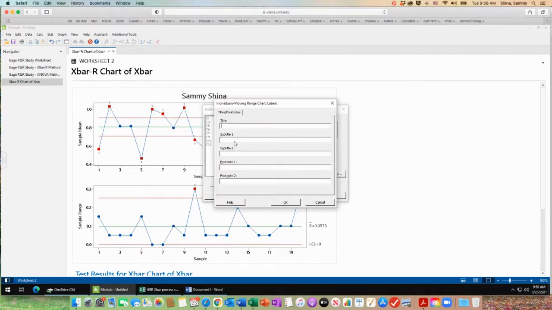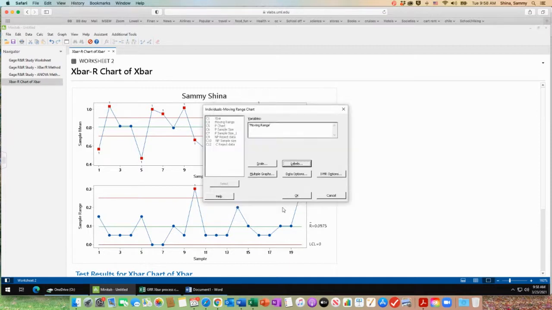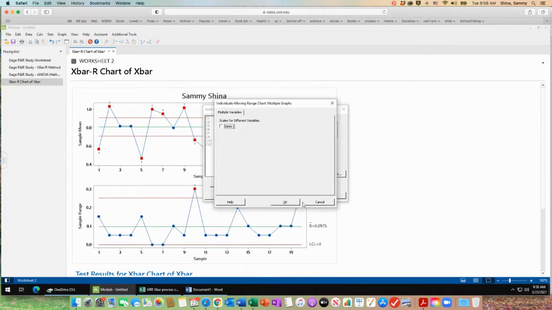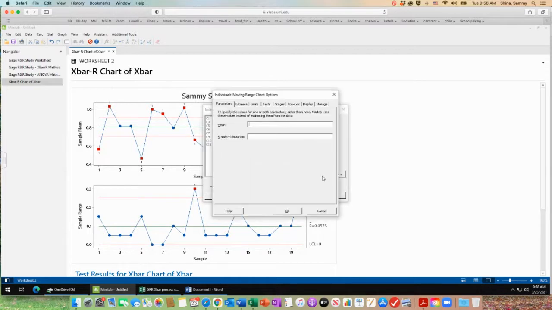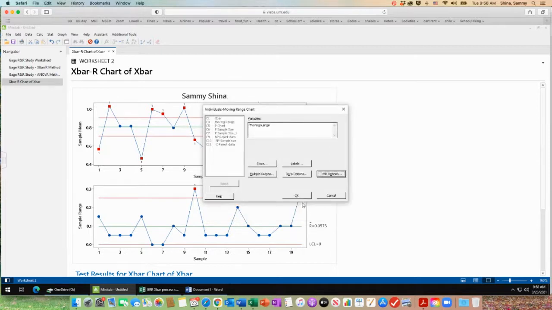The labels, we put in Sammy Shina I chart. And then multiple graphs, they're going to have the same Y. Data options, straightforward. And then options of IR, we don't use outside mean and standard deviation. We're going to use the mean and standard deviation from the data.